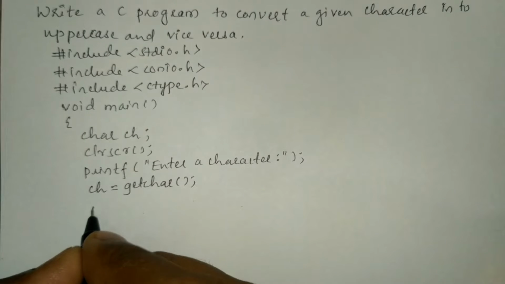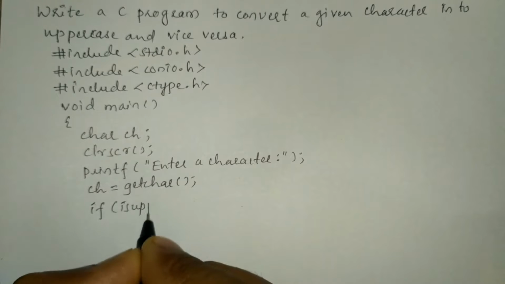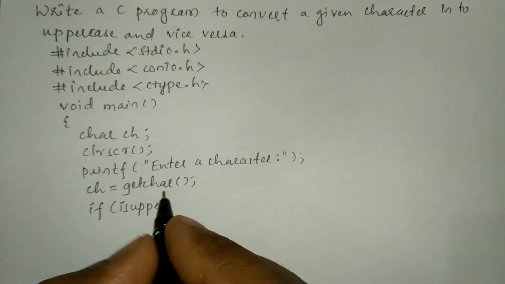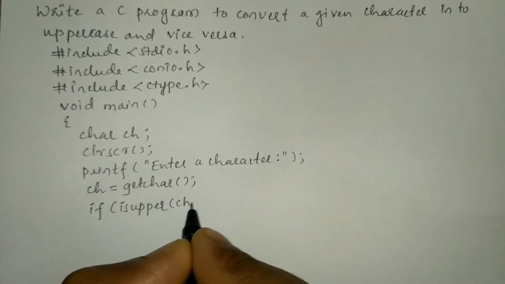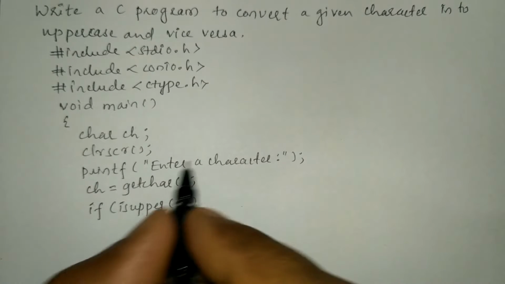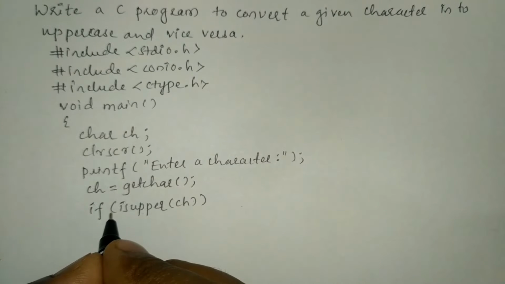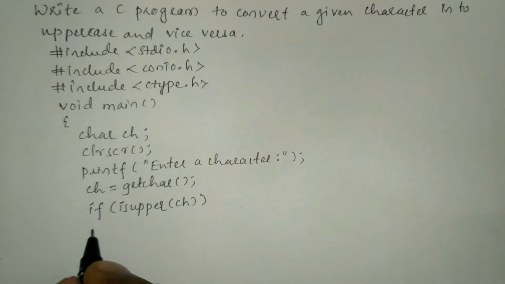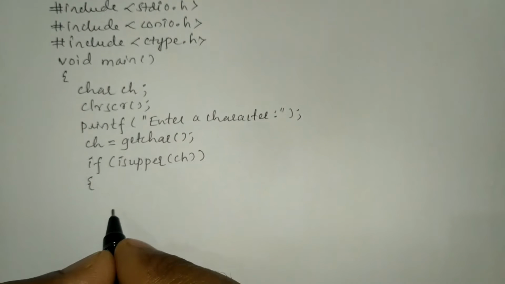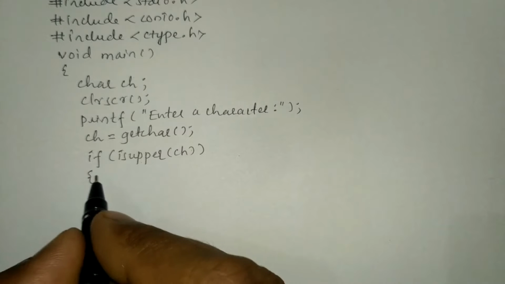Next, we are going to check the condition if isupper, if the entered character is an uppercase letter. So we are going to pass ch as an argument, because whatever value is entered by the user will be stored in ch, and close the bracket for this respective opening bracket. Next, curly open brace, that indicates the beginning of the body of the if statement.